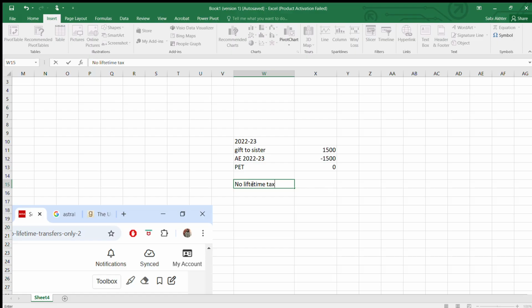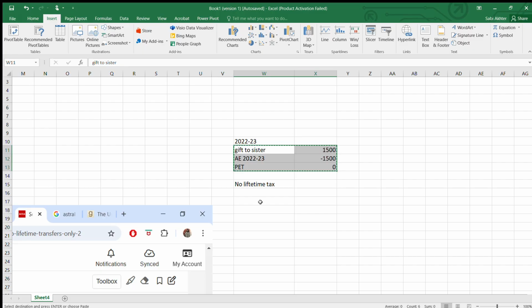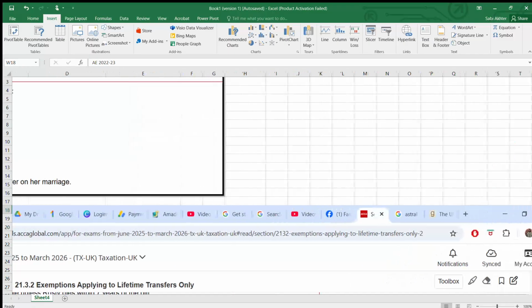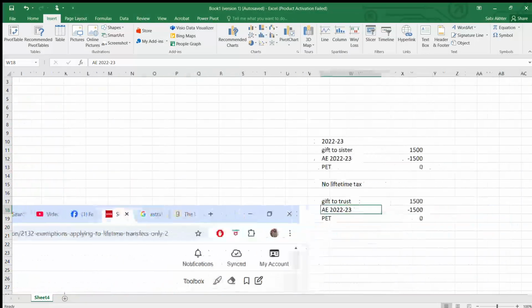Coming to the next, same tax year, gift to trust. I'm just going to copy paste it here and change the person, gift to trust. What is the value of the gift to trust? It is 2,000.